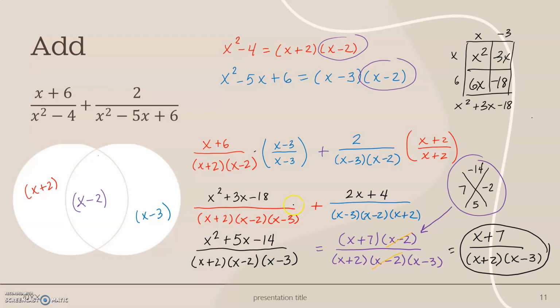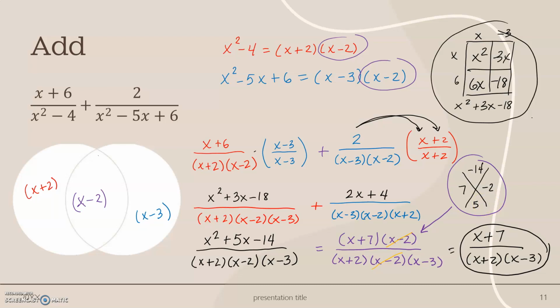And then after I multiplied out my numerator here, x plus 6 times x minus 3, I used a little scratch work over here, and I distributed the 2 through the parentheses here. Then I added my numerators. My numerators had some like terms, so I had to add those together, and then I noticed that my numerator here was factorable, so I factored that as x plus 7 over x minus 2.